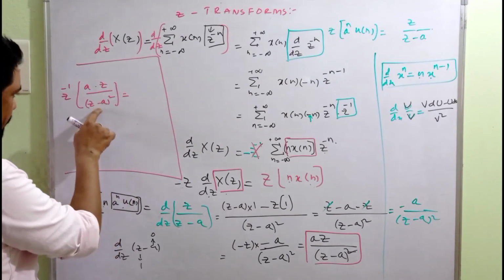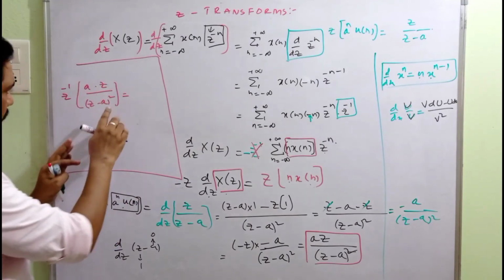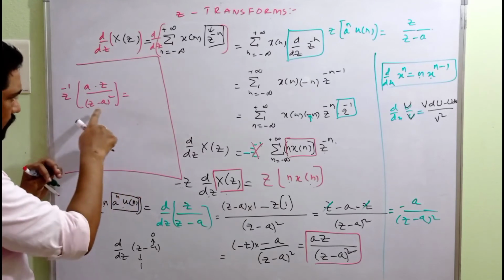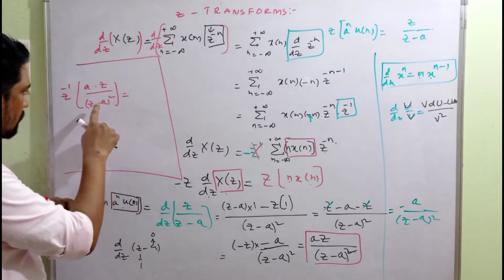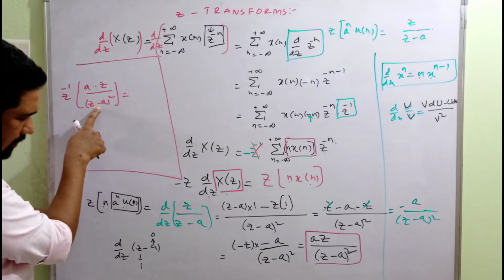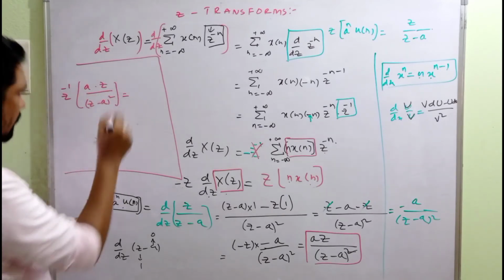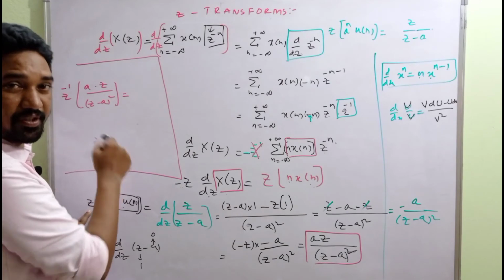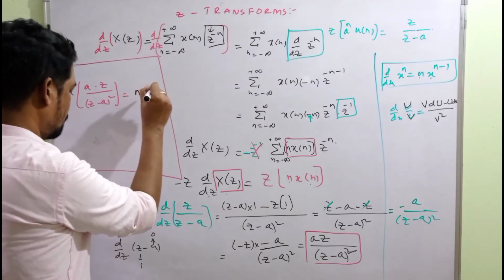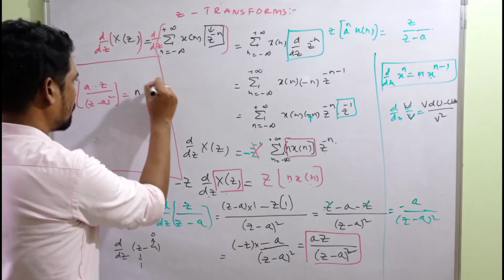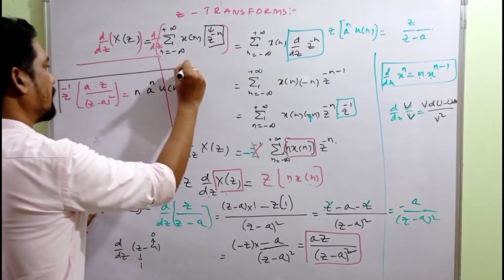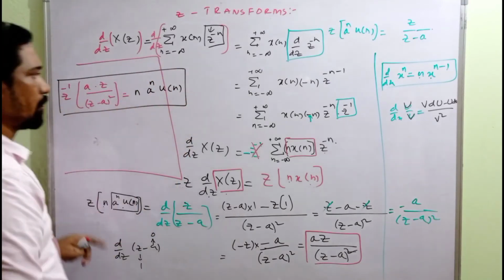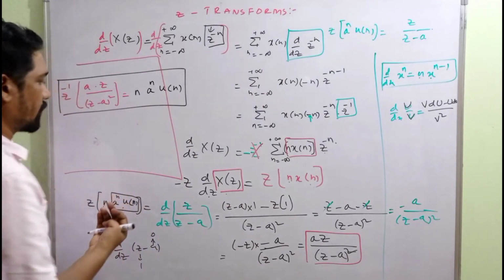If this is the case, we'll make sure that whatever equation is reduced to this one, rearranging all the terms, could be brought to this point, and the inverse z of this one is n into a to the n, u of n. It is a very important z transform pair, inverse z transform, sorry.